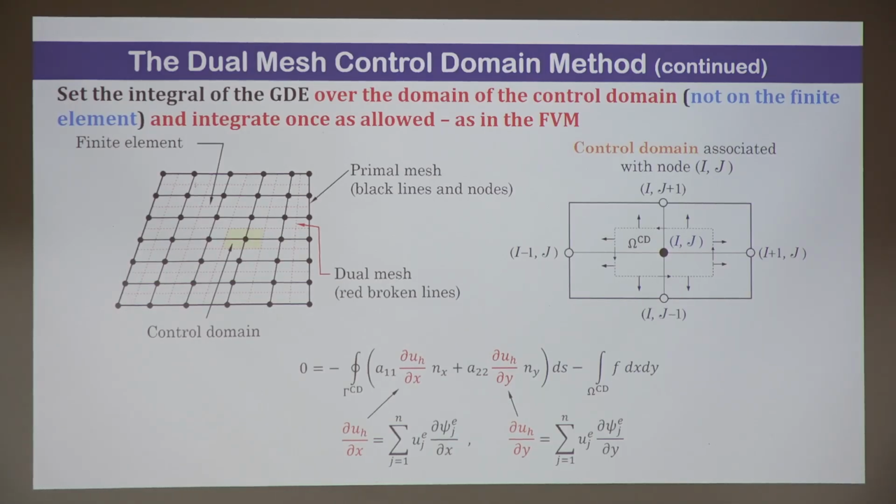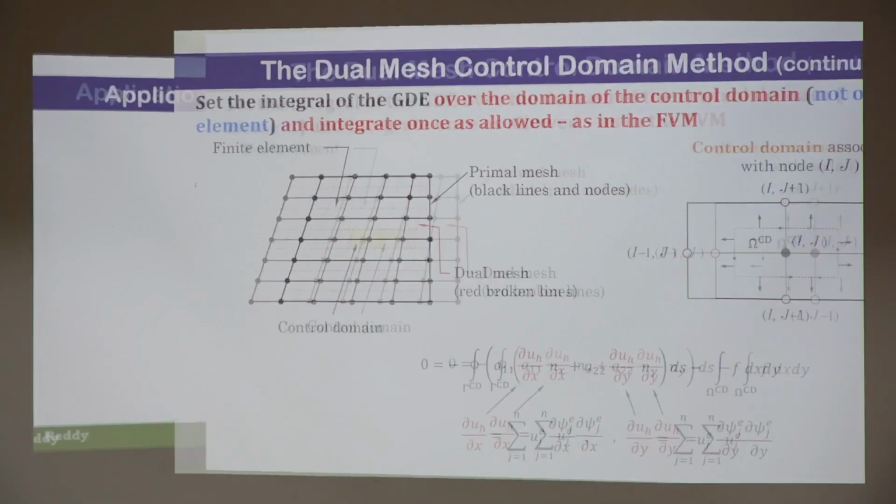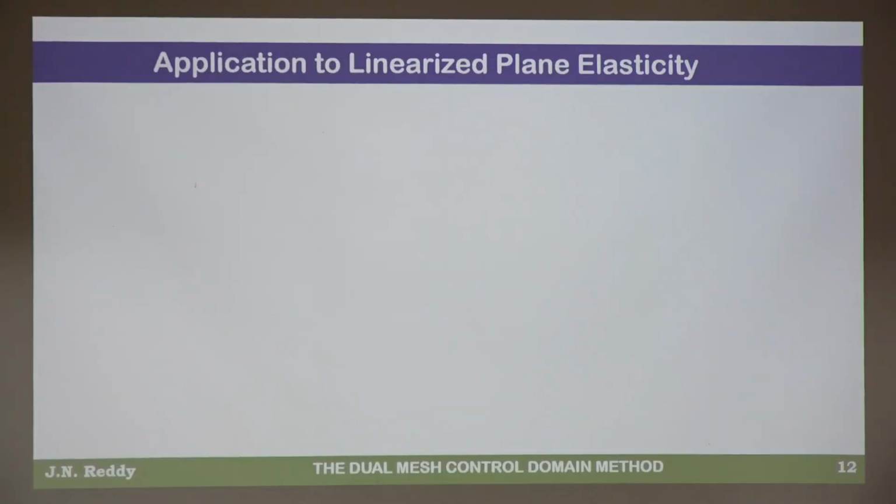So if it is on the boundary, if I know flux, I don't have to know the temperature. If I know the temperature, I don't need to know the flux. So there is never a need to replace the derivative, because it's an entity. It's the secondary variable, dual variable. So I bring both of those into this dual mesh control domain method.